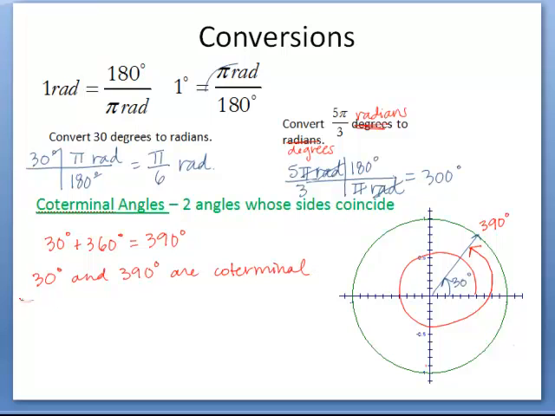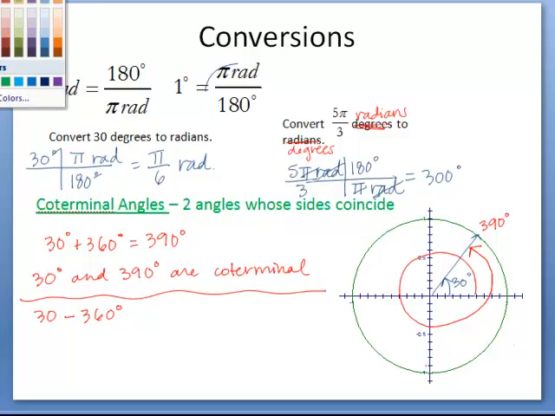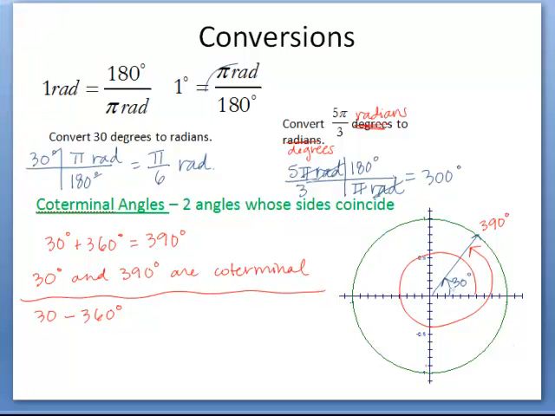Also, let's think about this. What if we have a 30 degree angle and we subtract 360 degrees? So in this case, let's take our 30 degree angle and rotate around the unit circle in the clockwise direction 360 degrees. Do you see that again will land us in that same location?